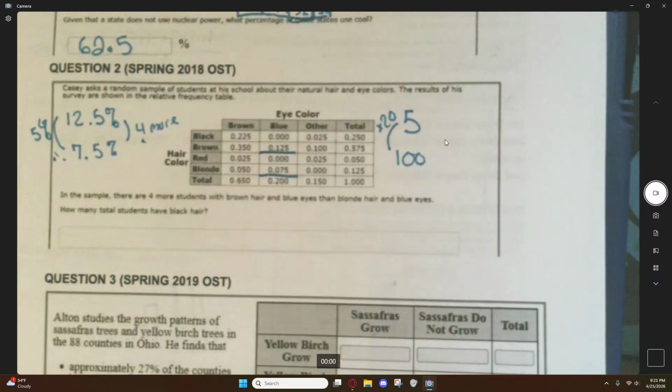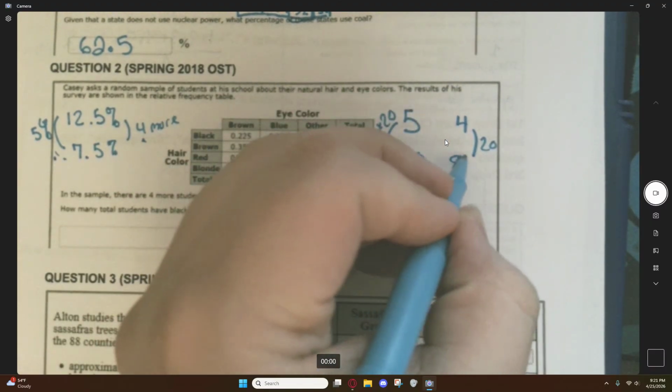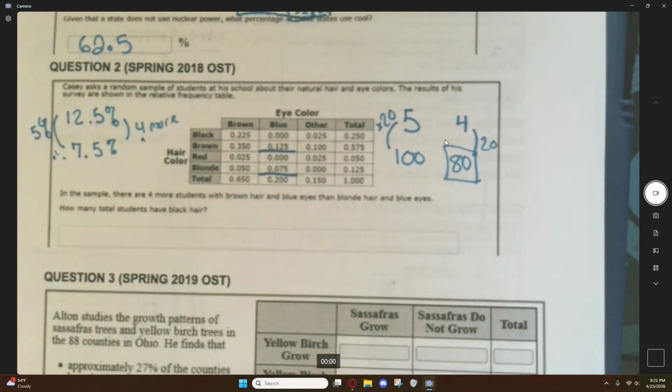Because if 4 people make up 5%, to go from 5 to 100 requires multiplying by 20. We can then multiply 4 by 20 to get 80. 80 people took the survey. If 4 people make up 5% of the survey, then 80 people is the total 100%.